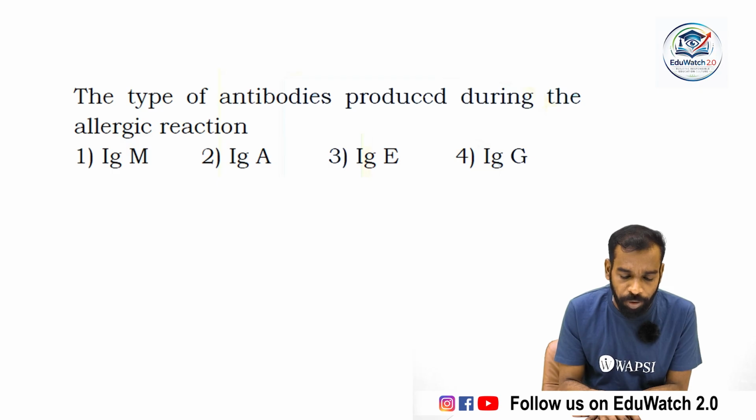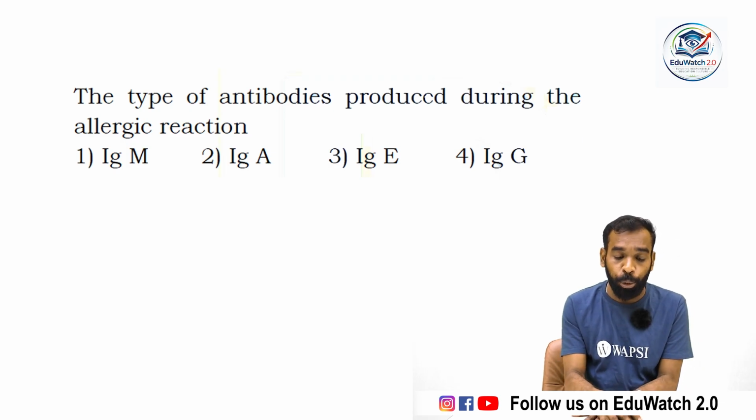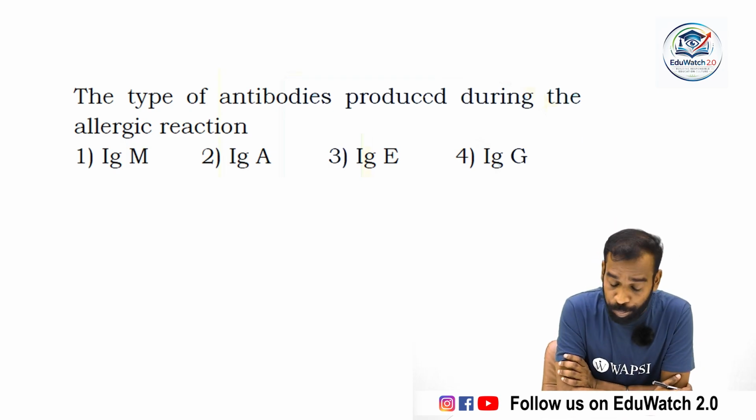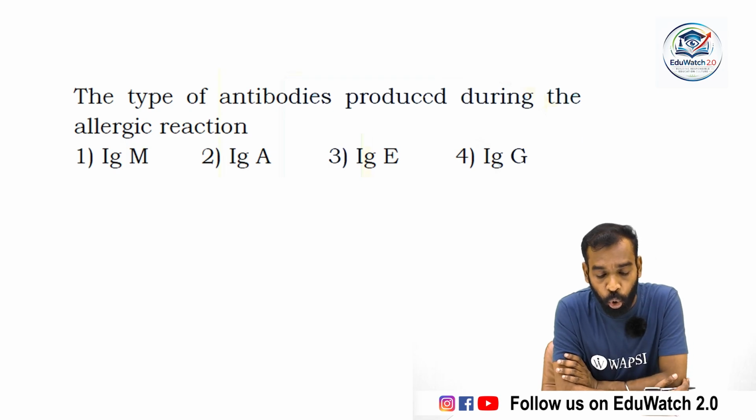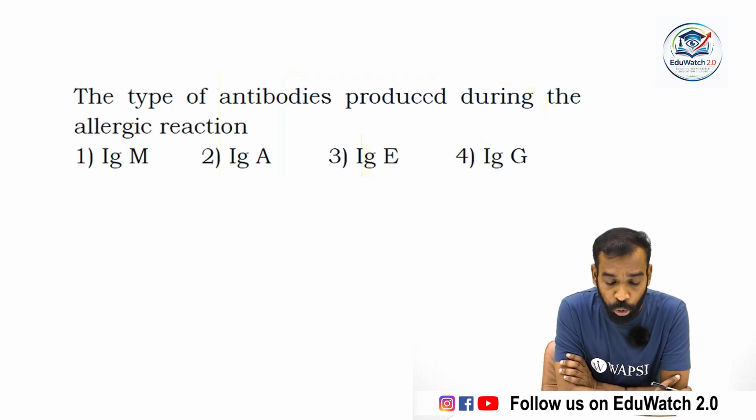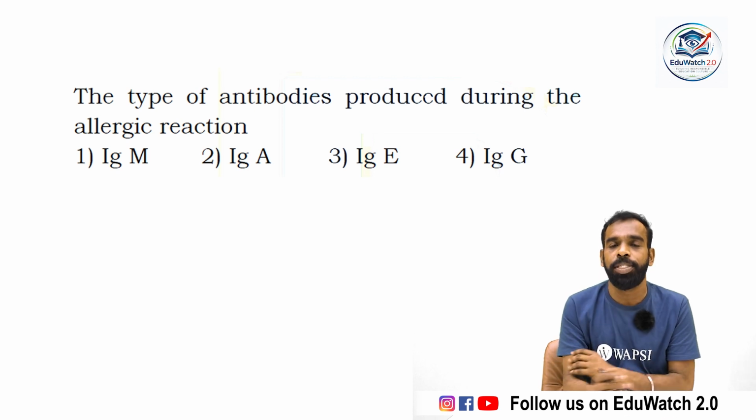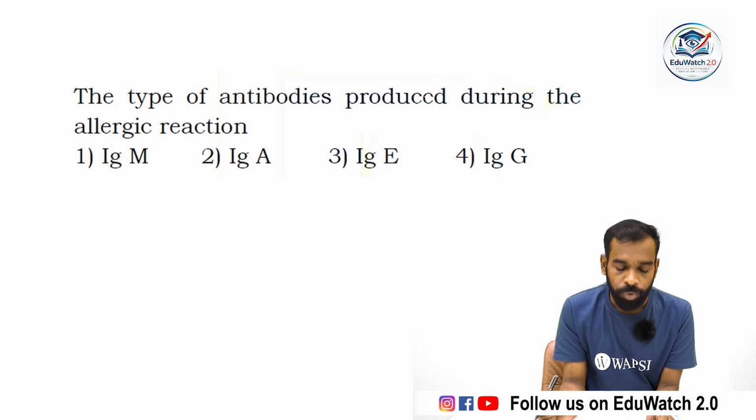The type of antibody produced during allergic reaction. Immunoglobulin M, immunoglobulin A, immunoglobulin E and immunoglobulin G. You know allergy.